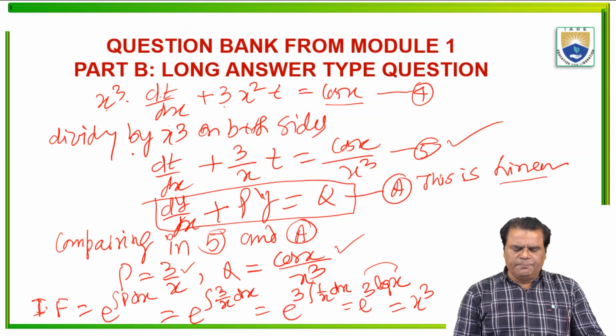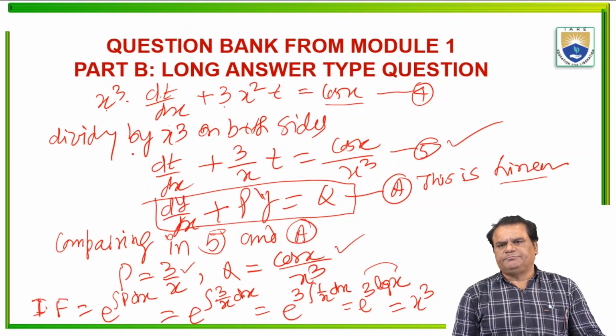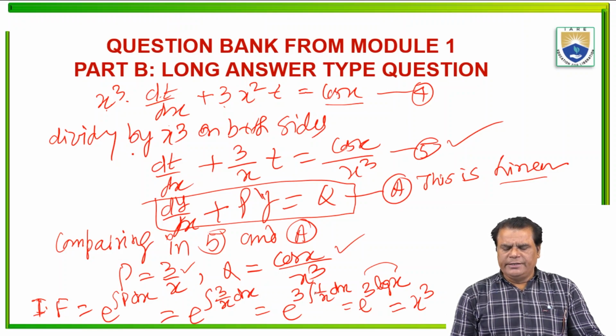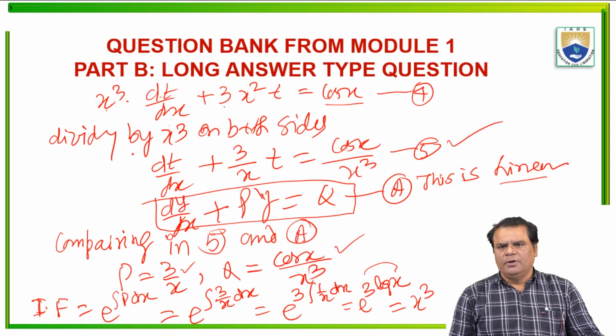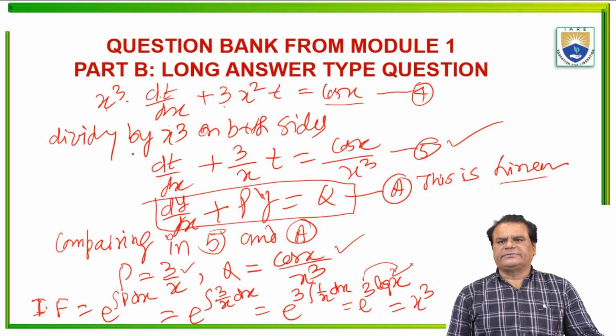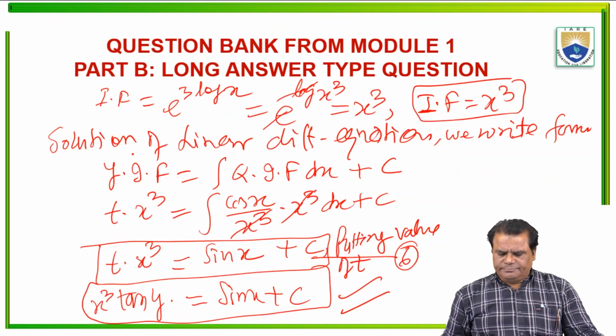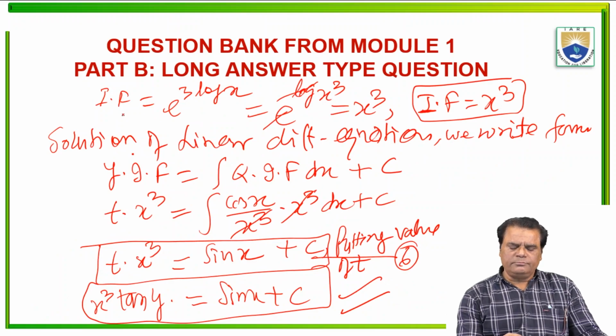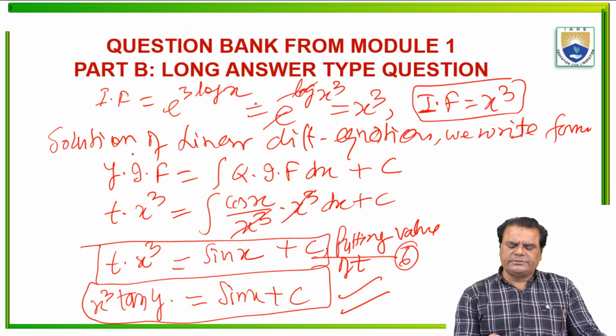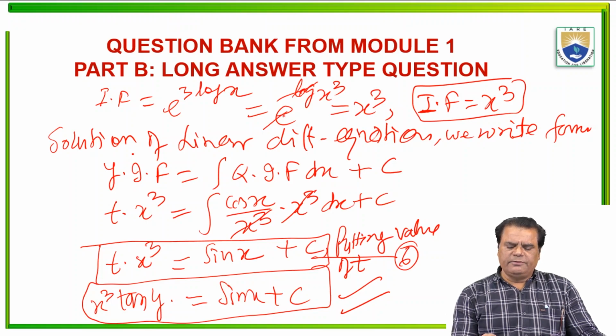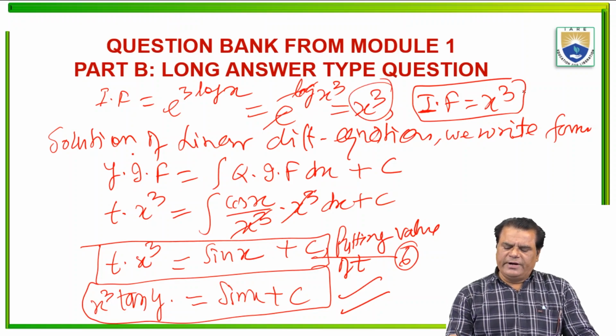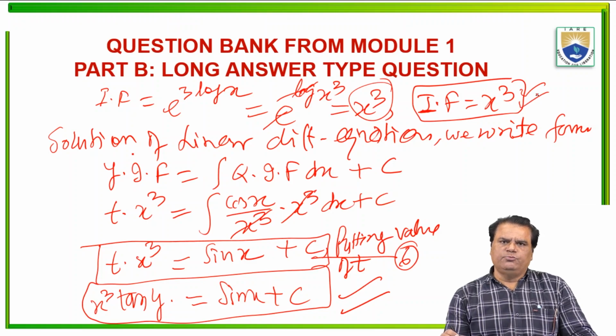So e to the power integral 3/x dx. 3 is out, and the integration of 1/x dx is log x, so e to the power 3 log x. This 3 goes to the power of x, giving e to the power log x³. The e and log cancel, so the value of IF is x³.